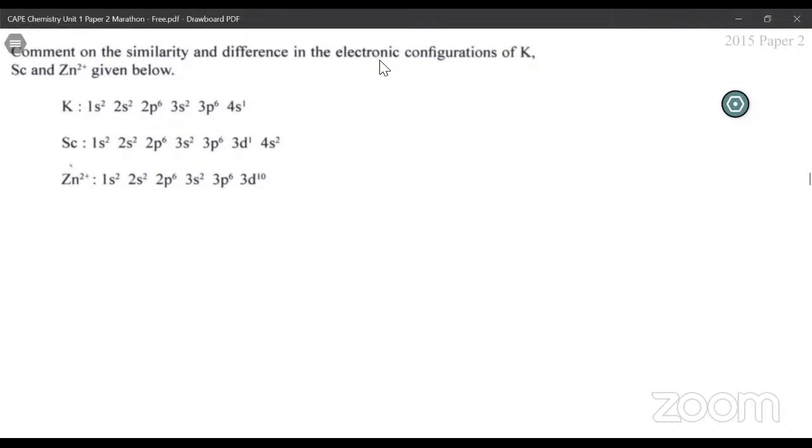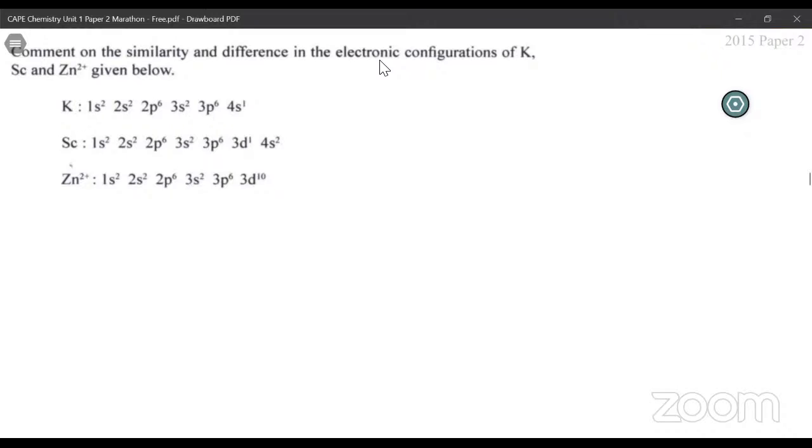So here it says comment on the similarity and the difference in the electronic configurations of K, that's potassium, Sc, which is scandium, and a Zn2+ ion, which is a zinc 2 plus ion, given below. Now, you want to examine the different electronic configurations given. The first thing I would look at are the orbitals, because that's easiest to see.